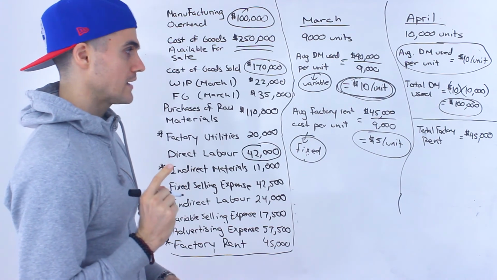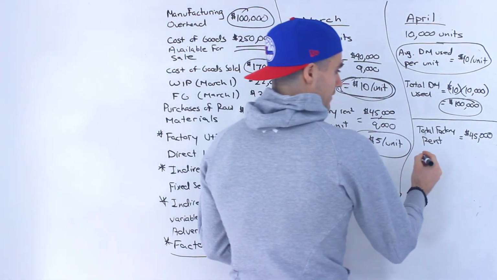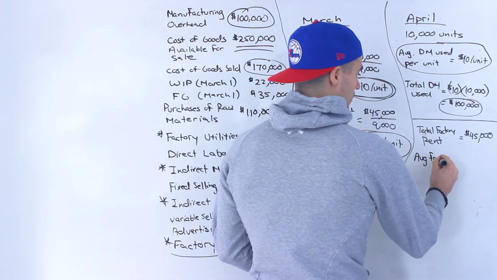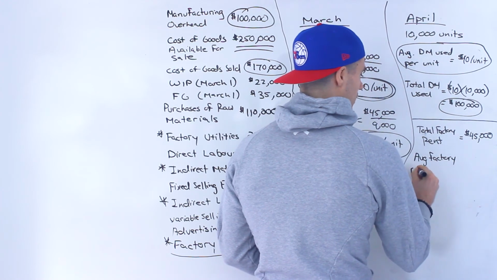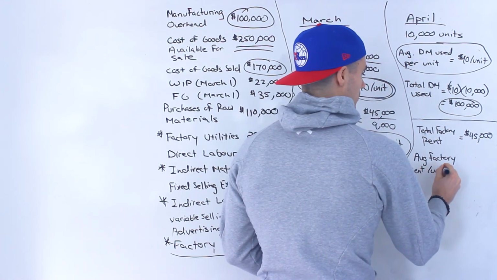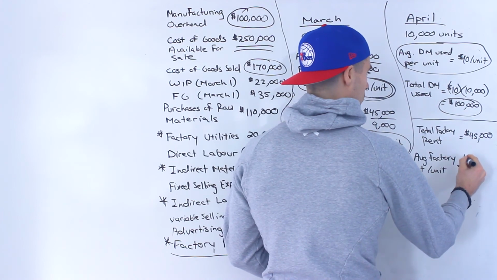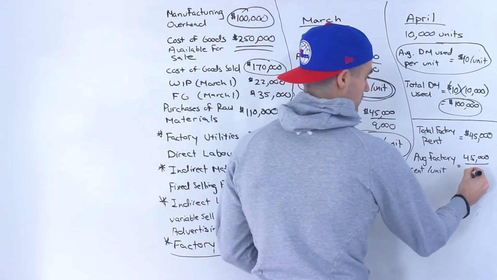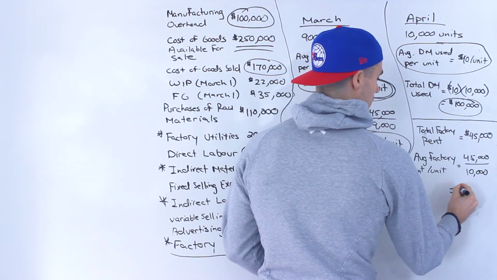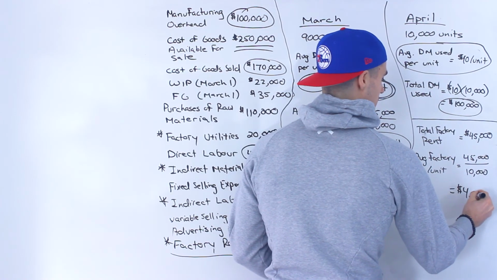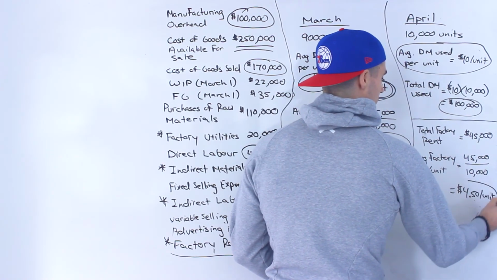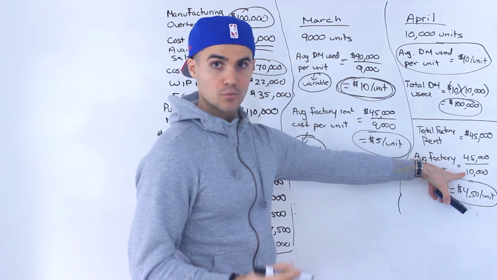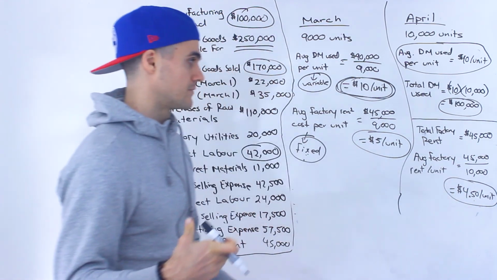So the total factory rent is staying the same, but then the average factory rent per unit is going to change, because we're going to take that same total amount, 45,000, but now instead of dividing it by 9,000, we're going to be dividing it by 10,000, which would give us $4.50 per unit, which is a lower amount than $5 per unit. It's because that denominator was a bigger amount of 10,000.